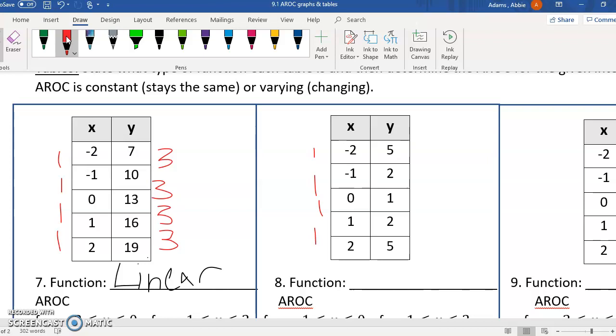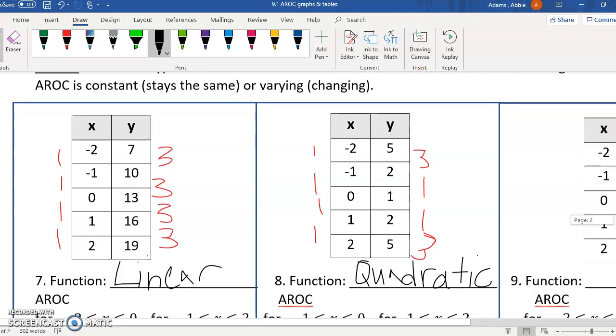So 5 to 2, that's a difference of 3. 2 to 1, that's a difference of 1. 1 to 2 is also a difference of 1. And 2 to 5 is a difference of 3. So that's a symmetric pattern. If we think back to our functions, a function that is symmetric would be a quadratic function. So we have identified our function type.